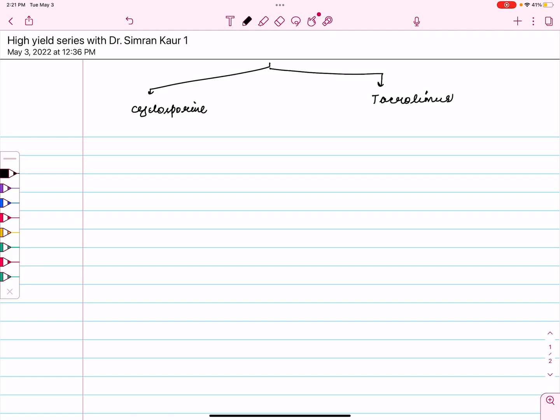Now first thing that you should know is that both of them are under the category of immunosuppressant drugs or immunomodulators.